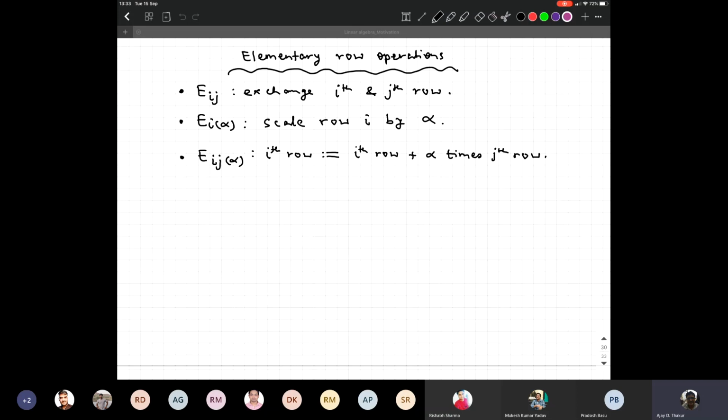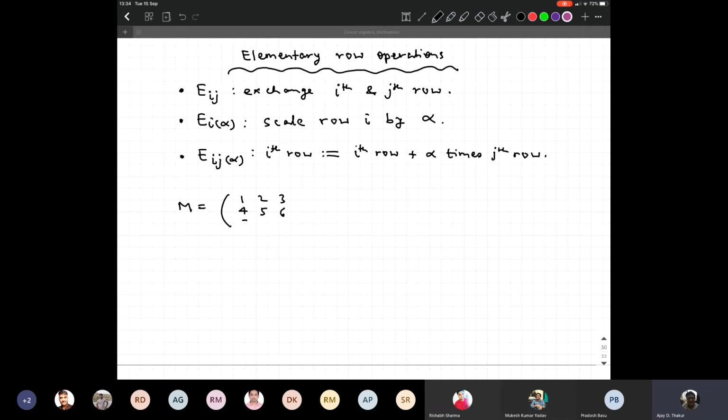So let us take the most complicated form to begin with. Let's consider a matrix, say M, which is 1, 2, 3, 4, 5, 6, 7, 8, 9.